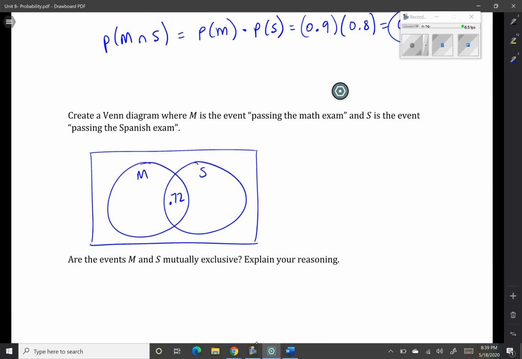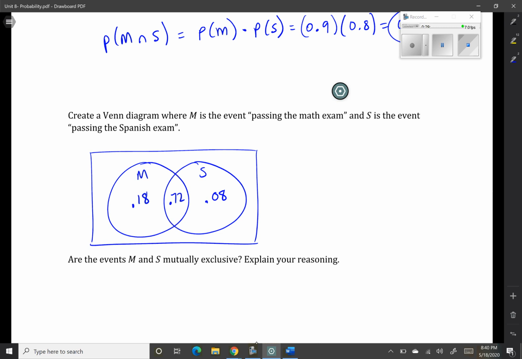Now the probability of passing math was 0.9. So this whole circle has to represent 90%, right? So 90% chance. If I subtract 90% and 72%, that's left over 18%. This whole circle has to be passing Spanish. Well, passing Spanish was 80%. Since 72 is already being used, this is going to be 8%.